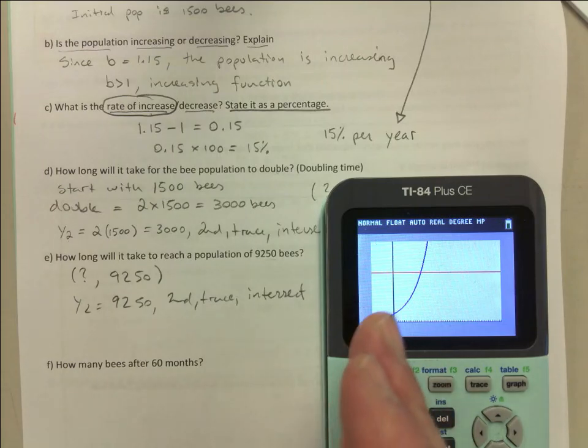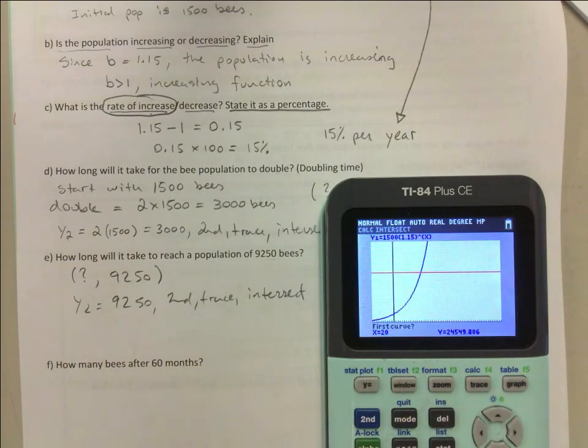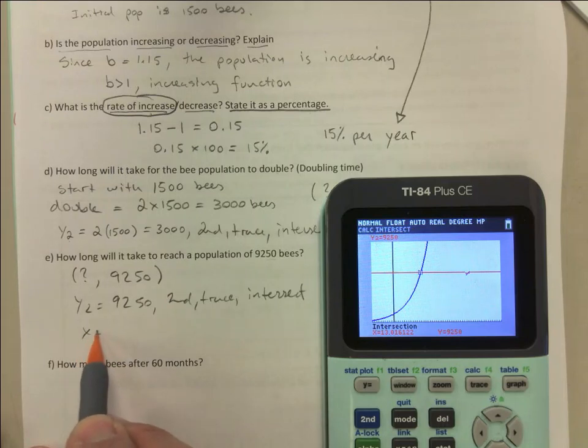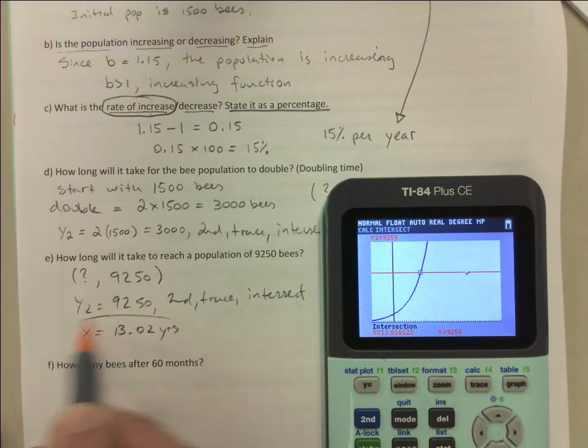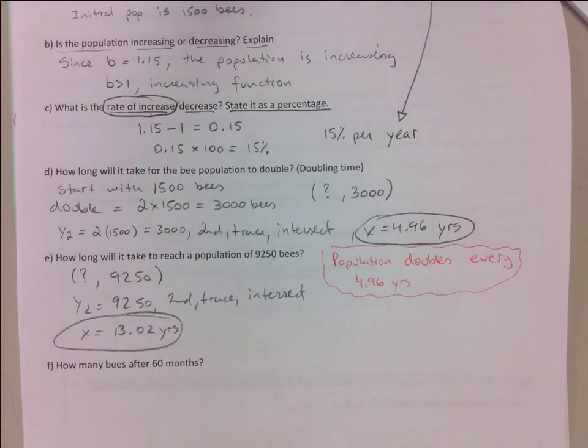Boom. So I had to increase X max, I had to increase Y max. Please know that that is a very common thing you're going to have to do. I just hit enter 3 times. There I am. X is 13.02 years. So it takes about 13 years to get to that population.